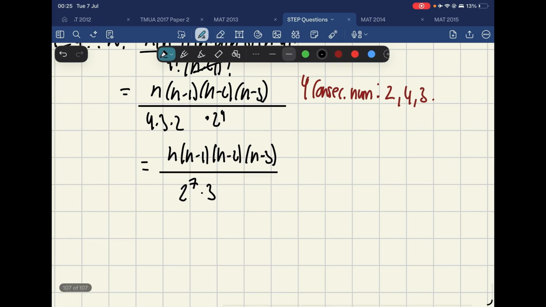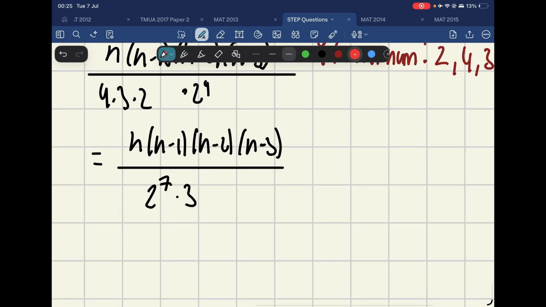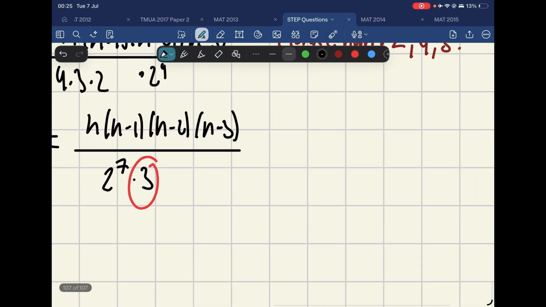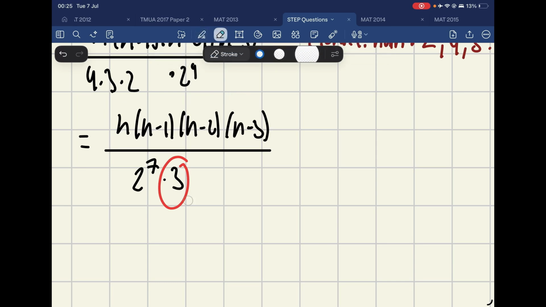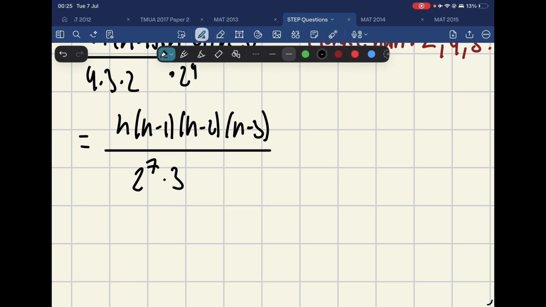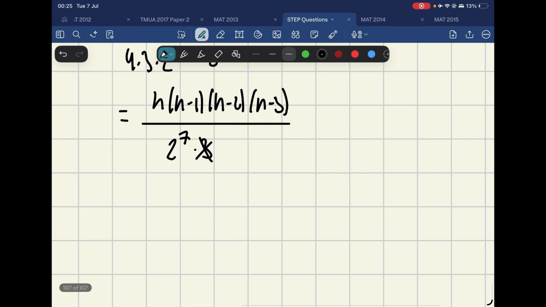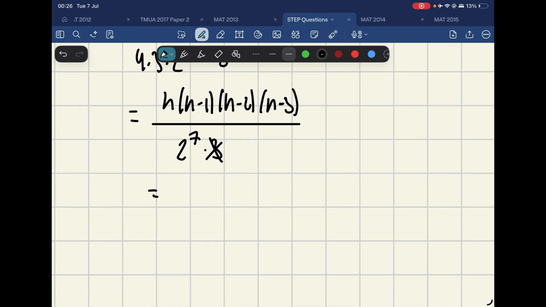So think about it: you might see that the 3 here is a little bit ugly. But because we have 4 consecutive integers, we don't know which one, but one of these integers is going to be a multiple of 3. So we don't have to care about the 3. The 3 is basically not even there, which is awesome. But now we have to think about it.